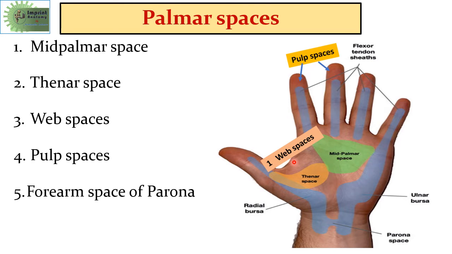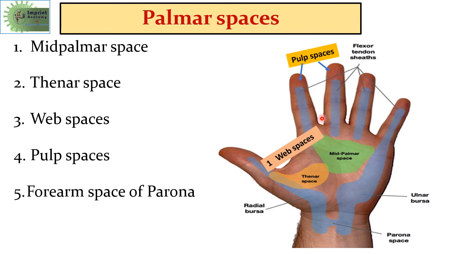A web space is an area between two fingers. That means between the thumb and the index finger, between the index finger and the middle finger, between the middle finger and the ring finger, and between the ring finger and the little finger.